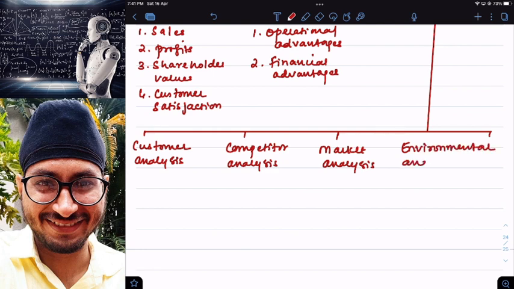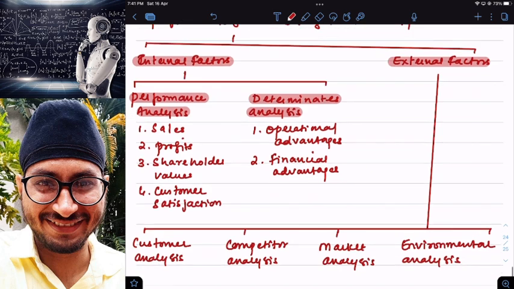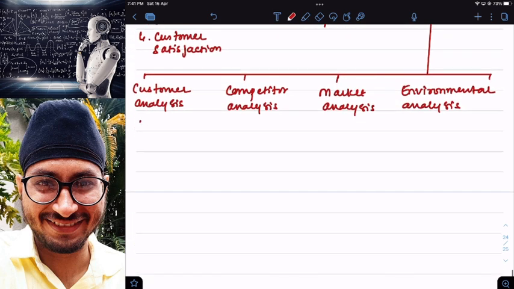Clear? These four points come under external factors. Example of customer analysis: segment. I can analyze the customer segment, like mid-range, middle-class customers, poor customers, rich customers. I can analyze customer preference. Clear?